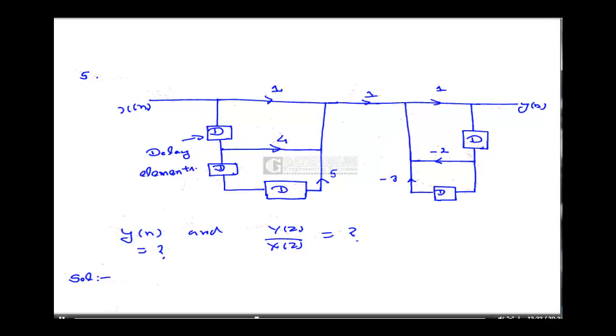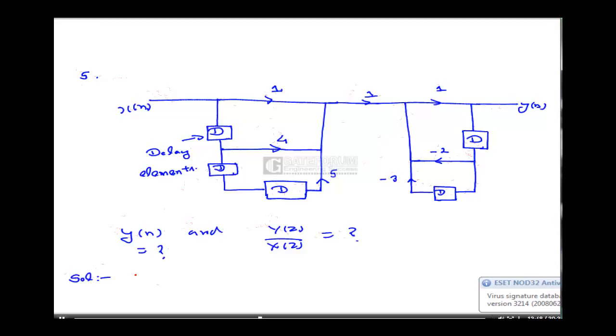For finding this, it is just like a flow diagram that is given. Just like in a control system, where we use the signal flow graph, the same way we have to use it here also.